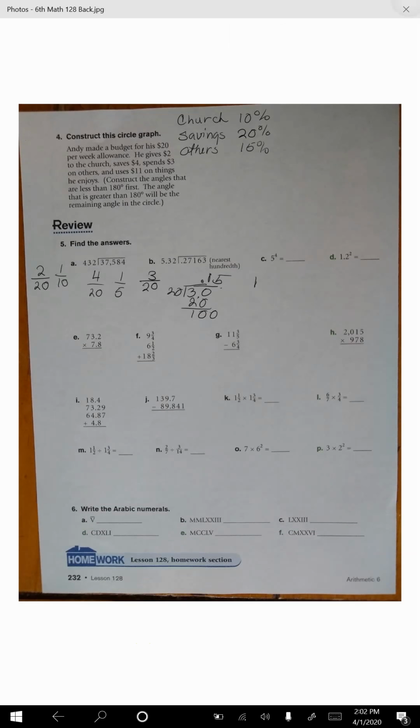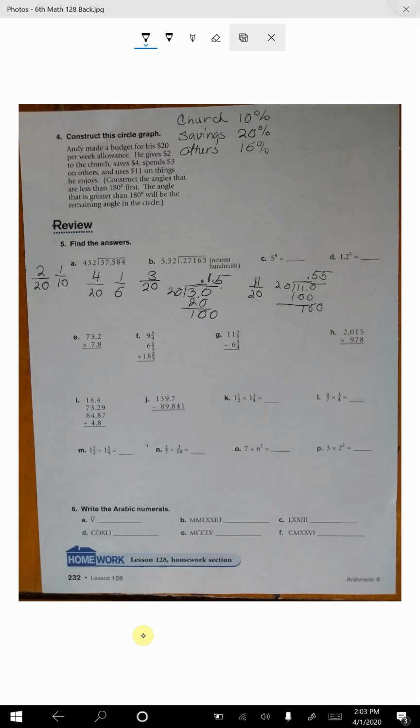$11 out of 20 is what he spends on himself, and that cannot be reduced. So it'll be 11 divided by 20. Add a decimal and a 0. 20 into 110, that would be 5 times, which would make 100. I don't know why that's jumping around. That's 10. Add another 0, goes in 5 times again, and that comes out even that time.